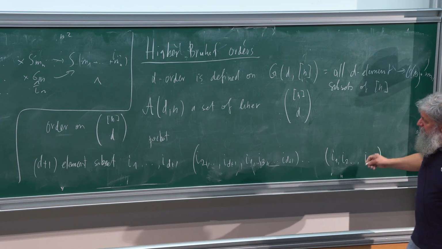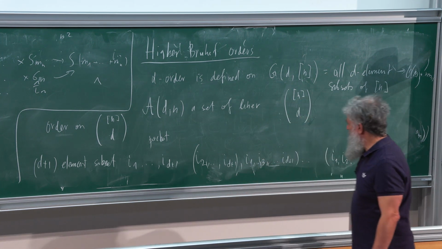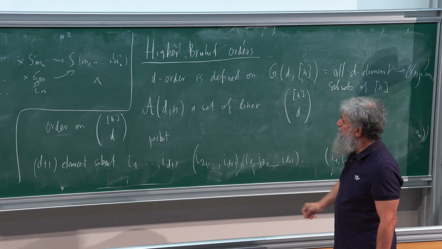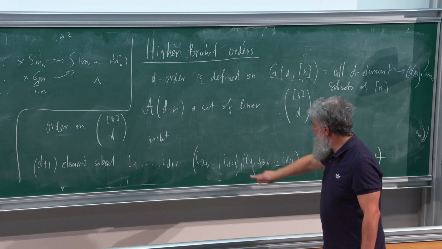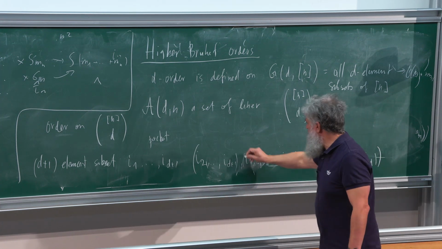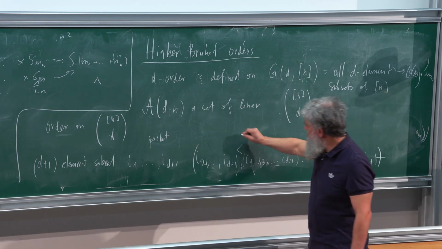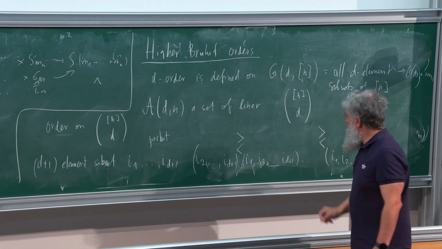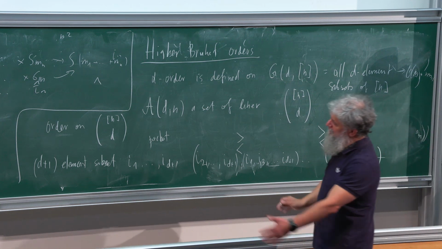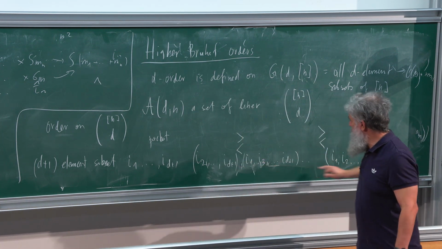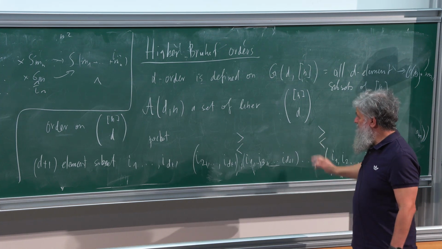So we have such d+1 element subsets, and the linear order has to order them either in this manner or in the reverse manner, lexicographic or anti-lexicographic.